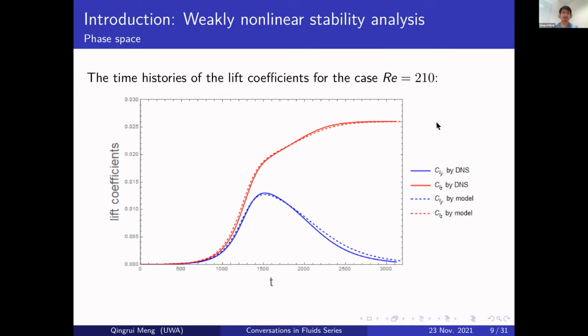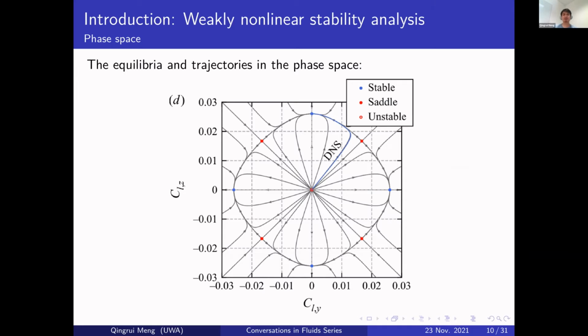This shows the time histories of the lift coefficients for the case at Reynolds number 210. The solid blue and red lines are the lift coefficients obtained by DNS, and the dashed lines are the results from our model. We can see they agree with each other very well. With this bifurcation model, we can now consider what happens in the phase space.